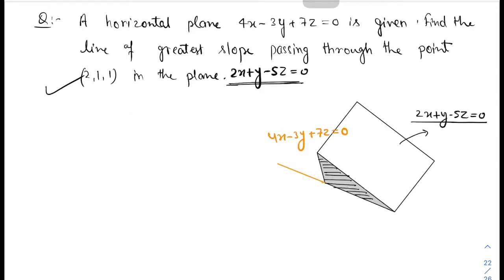So we are required to find the equation of a line lying in this above plane, the plane that is at some angle, let me call it theta, and this plane is our horizontal plane. But that line must be of greatest slope. Obviously this slope will be measured by considering the horizontal as the reference.